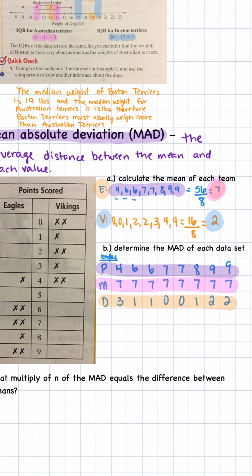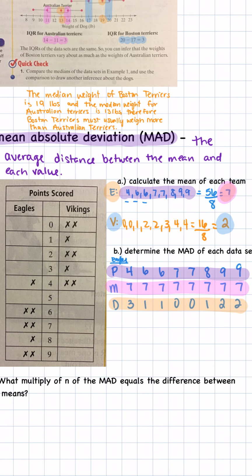So then once you have that, this orange line, you're going to add up the total of each of those. So if I add all these numbers up, 3 plus 1 plus 1 plus 1 plus 2 plus 2, that equals 10. So I'm going to just put MAD equals the total of distance. So the distance is just the difference between numbers divided by the number of values.